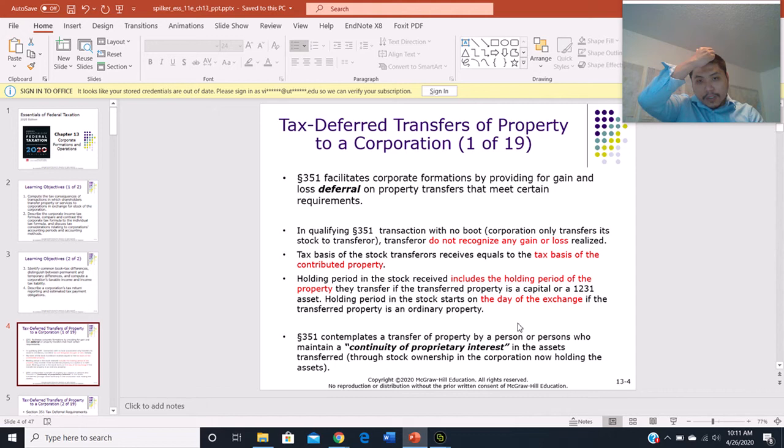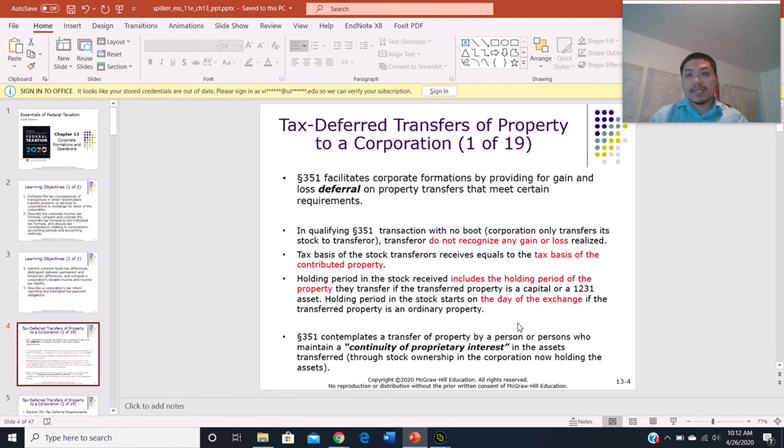All right, first of all, let's talk about section 351, the formation of a corporation. Usually when people form a corporation, they try to transfer some assets or properties to the business.